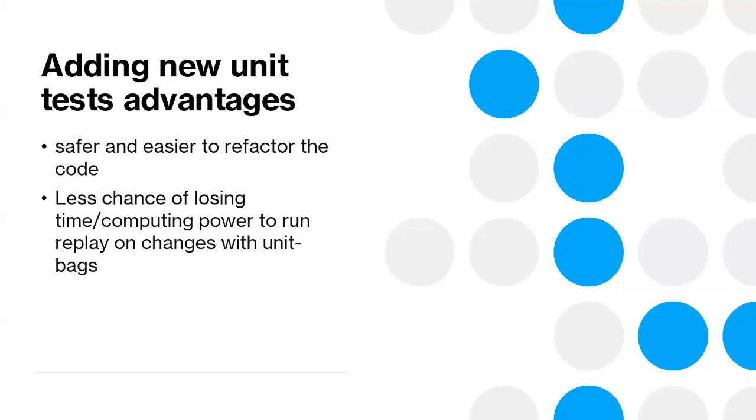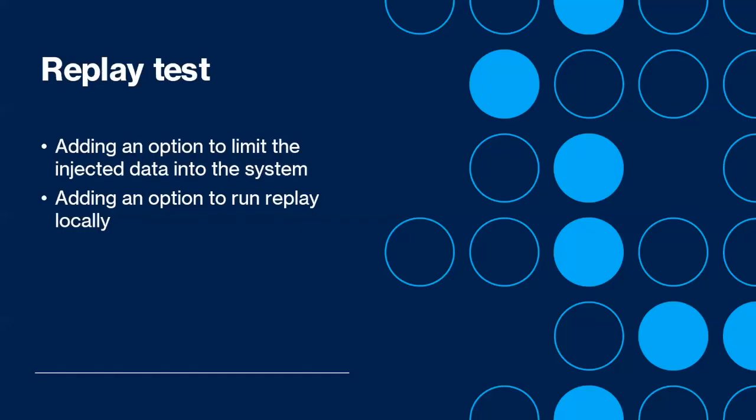This way we don't lose as much time or computing power running a replay test for nothing. We also added an option to limit data injection, so the replay test doesn't require so much computing power and time, and you can see the results much earlier.